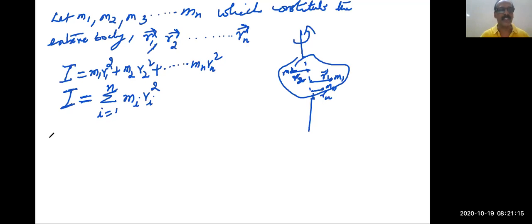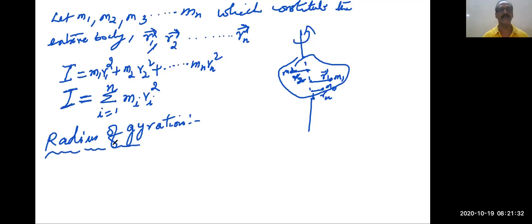Next heading, radius of gyration. Look here.